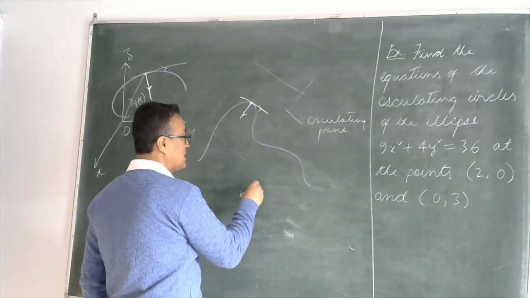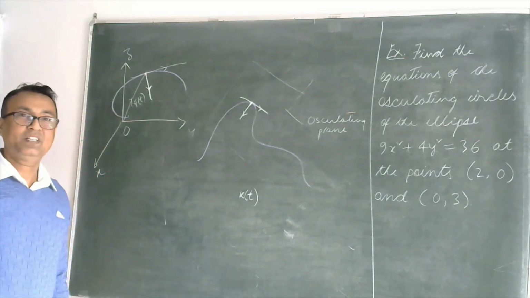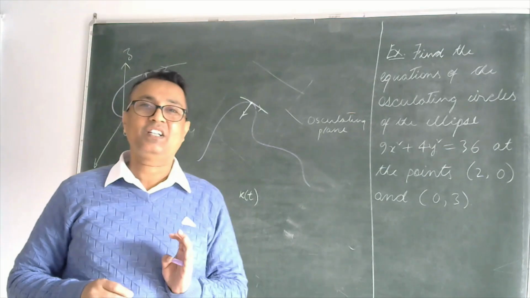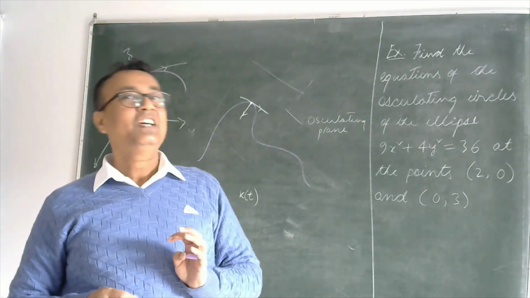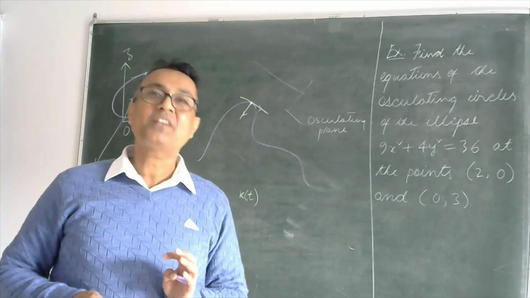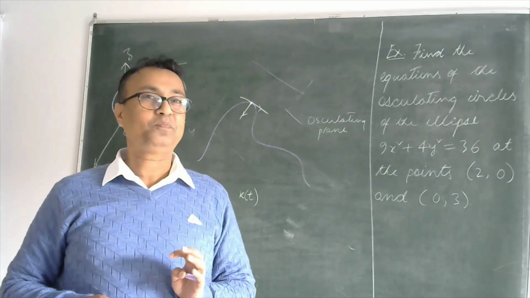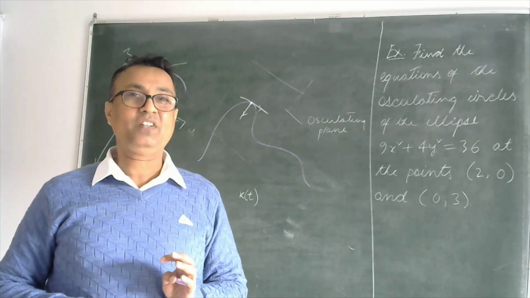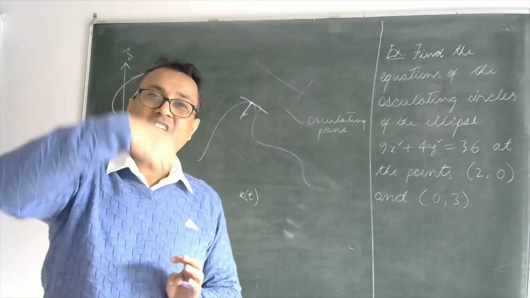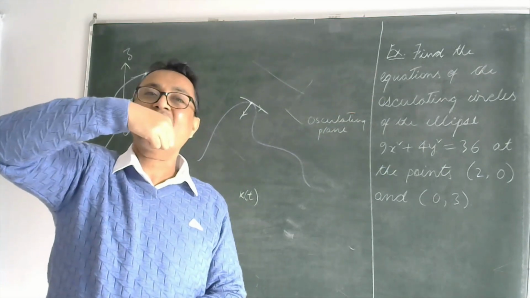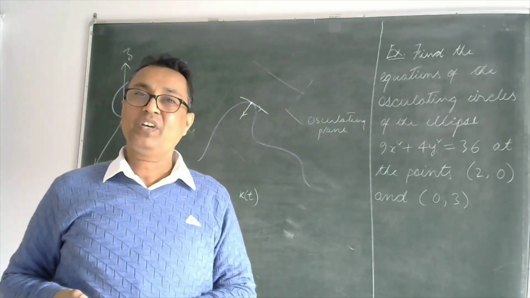Suppose this is kappa. Now I want to consider a circle on that osculating plane passing through that particular point, with its center towards the inward direction of that normal.